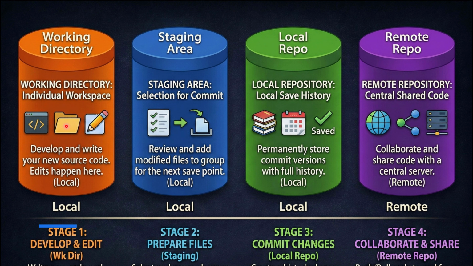Now, let's talk about the second area, which is the staging area. This is the most misunderstood part of Git. Why? Because it is a temporary area which holds the files. Before committing something, you must select which files you want to save. You might be working on 10 files, but you want to commit only 5 where you are sure that they need to move forward.